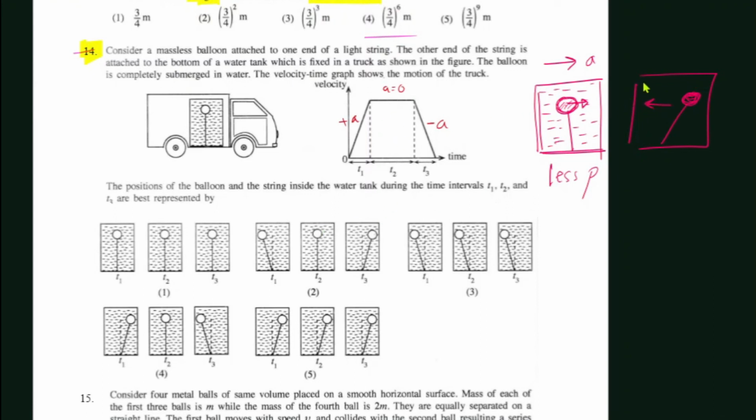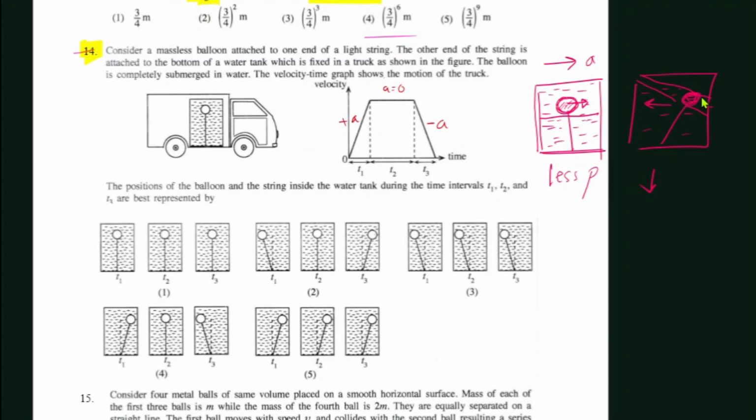It would have been nice if the liquid column was given only up to this much. In that case, the surrounding is going to look like this. The surrounding is going to go back, and the object with the lesser density moves forward because it has lesser inertia, which means it can quickly change its motion.